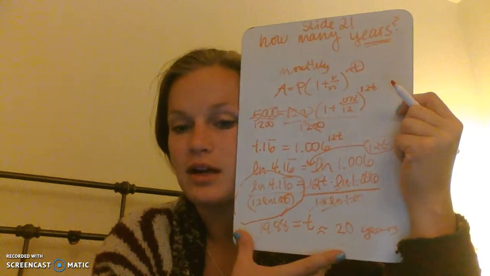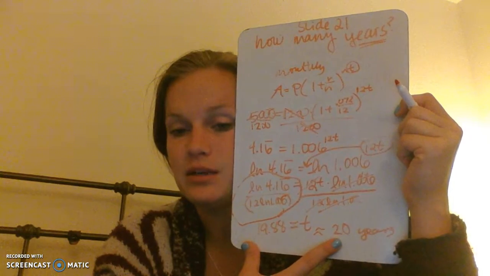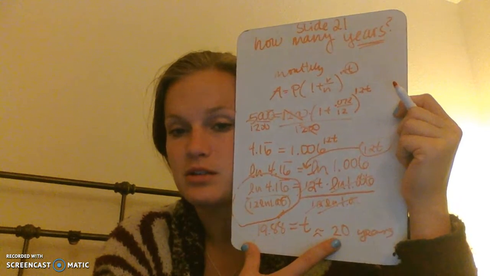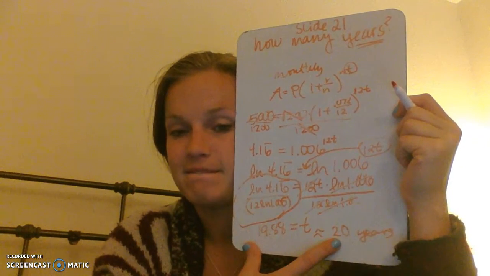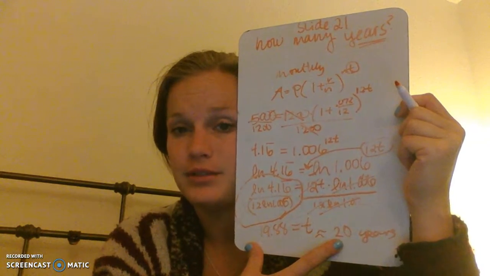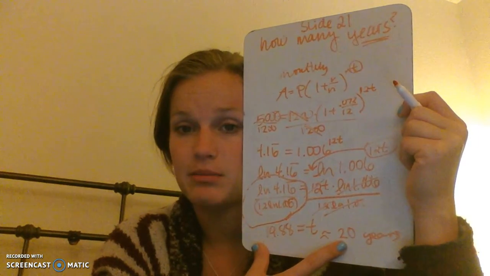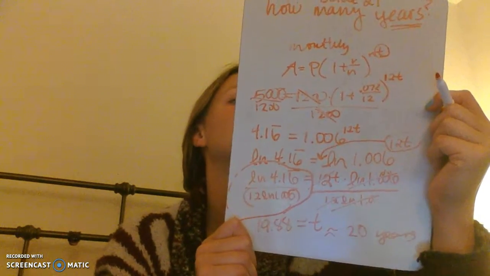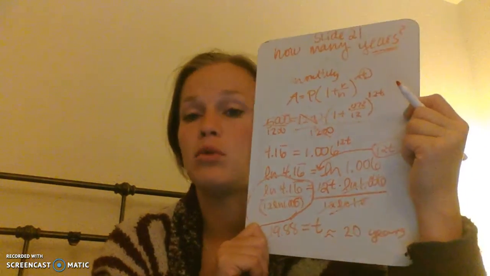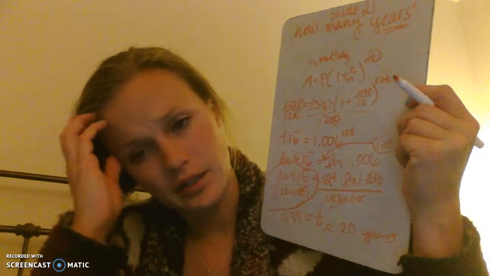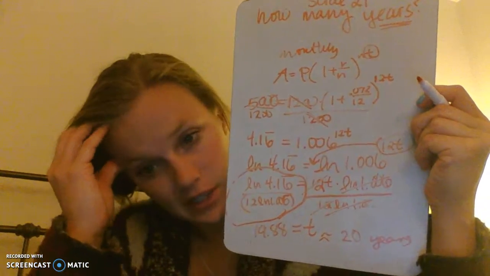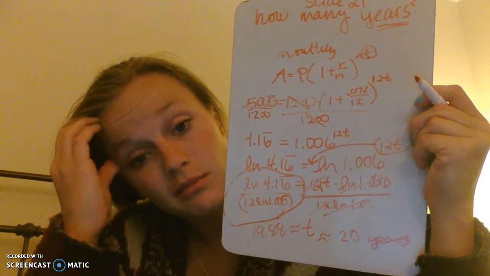And think about how much time has passed in 20 years. This isn't a very great savings account, but it actually earns a lot more than the actual market rate for savings accounts. So that's just some side information.